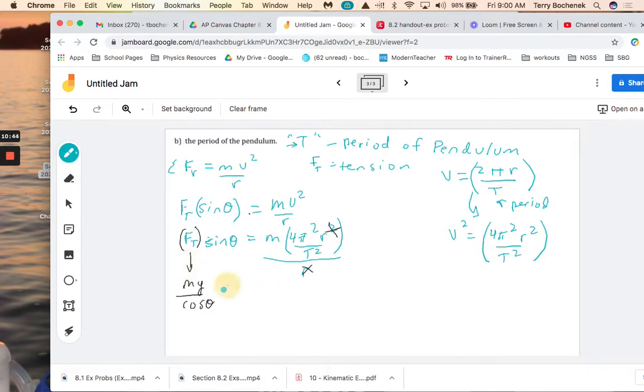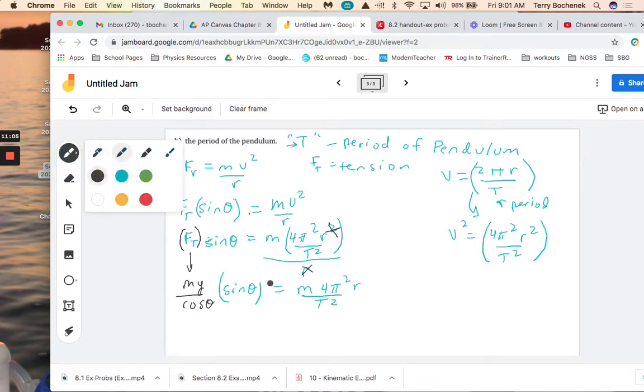And we still have a sine theta, and that's equal to that monstrosity here. So m 4 pi squared r over t squared. And we can do a little cleanup again because there's some more extra r's floating around.